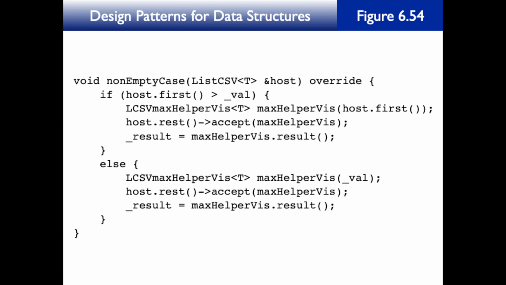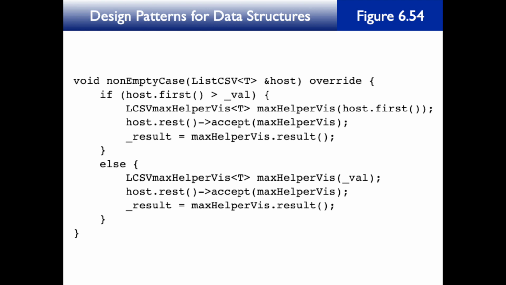But the max helper is a visitor. And in this situation, we cannot use that optimization technique because we have a local variable. We have a local attribute. And so that requires us to use the full-fledged three-step process to call a helper.